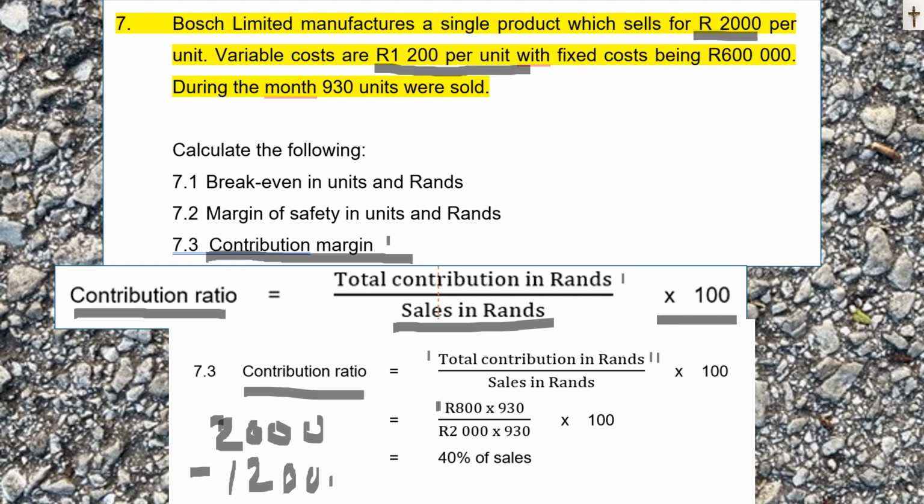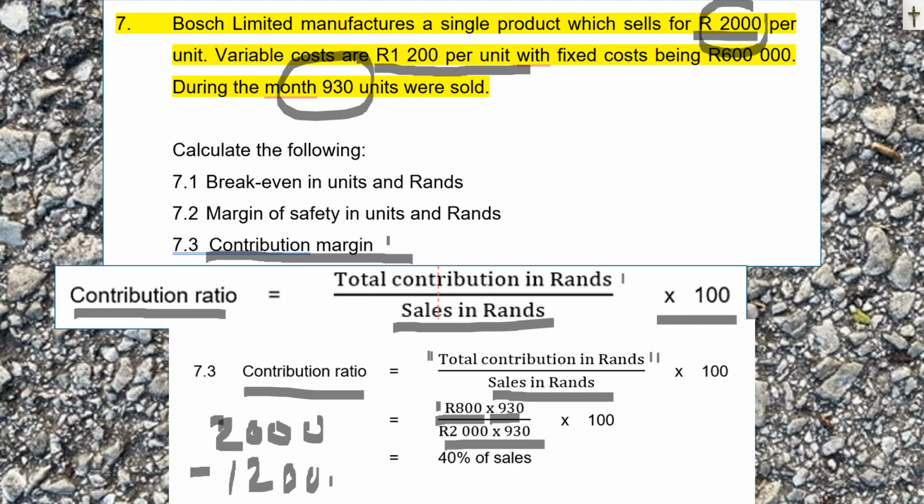So to get the total contribution, we've now got the contribution per unit. We need to multiply by the number of units sold, and they tell us it's 930. Then we need to divide by the sales in rands. They say the selling price is 2,000, and how many units were sold? 930. So 2,000 times 930.